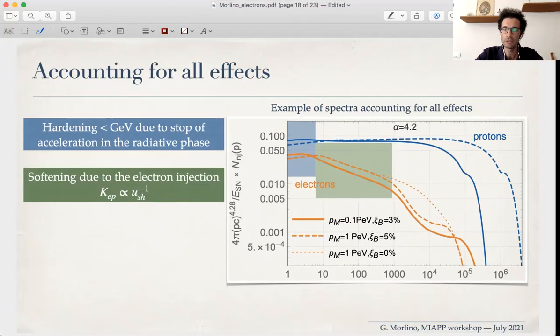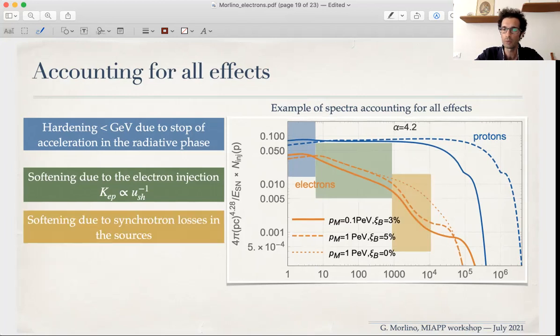Above this energy, between a few GeV and 1 TeV, the spectrum is steeper because of the time-dependent injection, with injection of electrons inversely proportional to the shock speed. Between 1 TeV and 10 TeV, the spectrum steepens because of energy losses due to synchrotron losses.